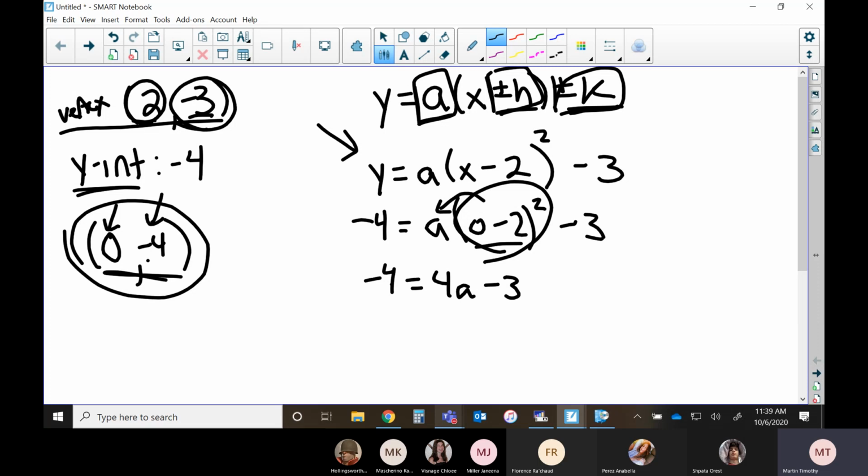What's positive 4? That's from over on the other side. This is the 4 right there. Now I have to start working backwards to get the A by itself, right? So I would add 3, and I get -1 equals 4A. Yes? Divide by 4, divide by 4. A equals -1/4.